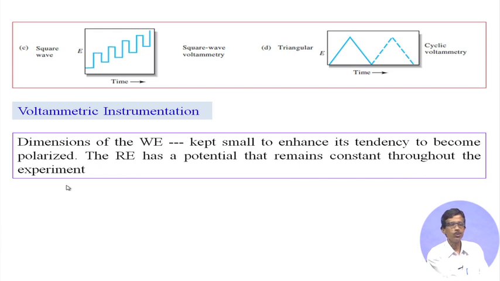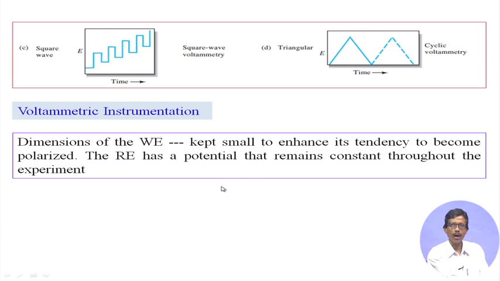So, how should I do that? Since we are considering a reference, the reference electrode can be considered as a reference material, and with respect to that reference we are measuring something. We will be measuring the working electrode potential also, and anything else which can be monitored with respect to that reference electrode. So, this should be constant, and how do you get that constant reference electrode potential?